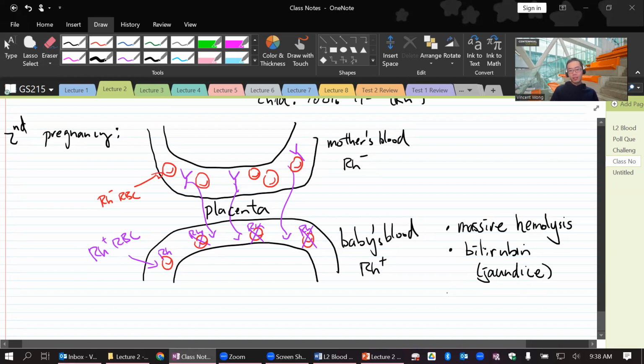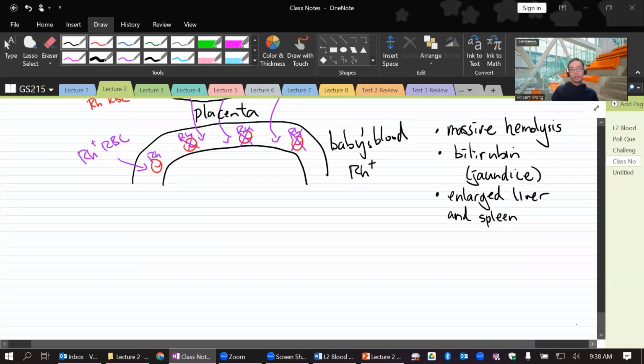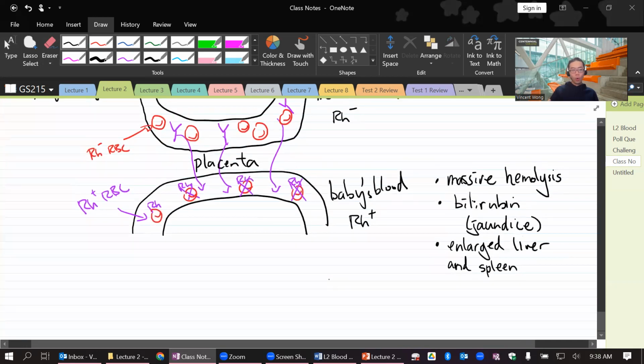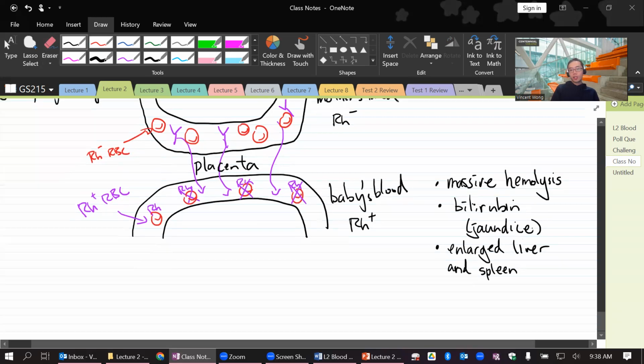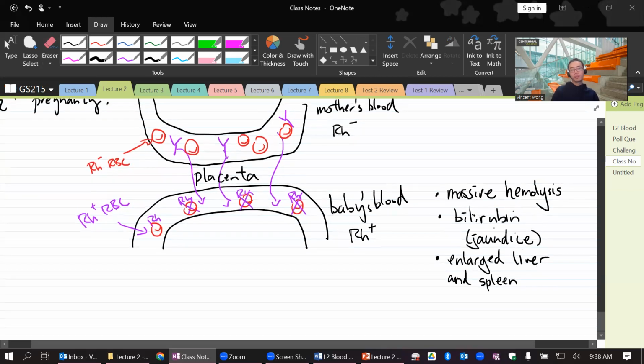and then you get the jaundice. And there is usually an enlarged liver and spleen, right? You remember I told you the spleen and the liver are responsible for destroying old or worn out red blood cells, right? So with all these red cells dying, it causes the liver and the spleen to work overtime to deal with them, and so they become enlarged.